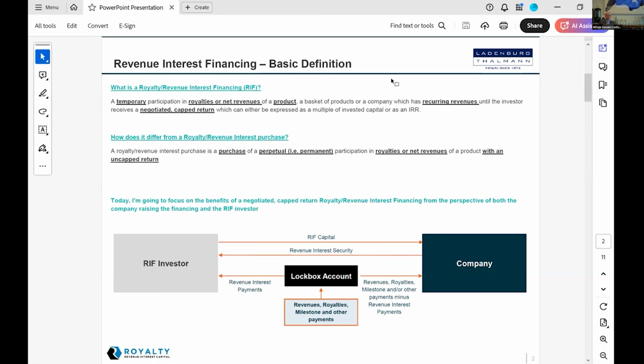The lockbox has two sub-accounts, one for the RIF investor, one for the company. So if the RIF investor is getting a 10% temporary royalty on a specific product, the revenues go in, the RIF investor gets 10%, and the company gets 90%.